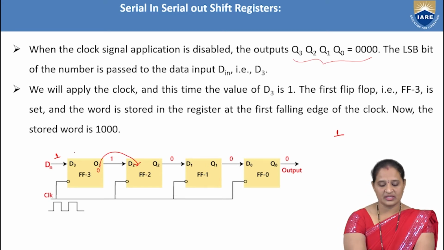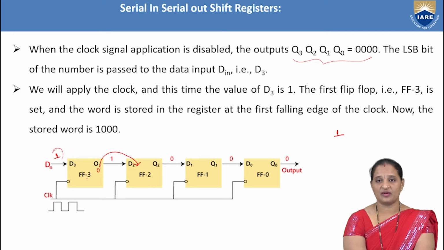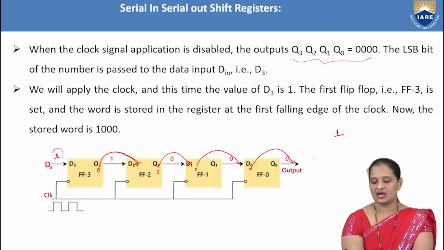So during clock pulse 1, I am pushing the data 1 into the first flip-flop, the leftmost flip-flop, and the output of this flip-flop was 0 during the previous state. As I have reset all the flip-flops, it is 0. Now the 0 is pushed here. Again this was 0, that will be pushed here, and 0 is pushed here, and the 0 is coming out.